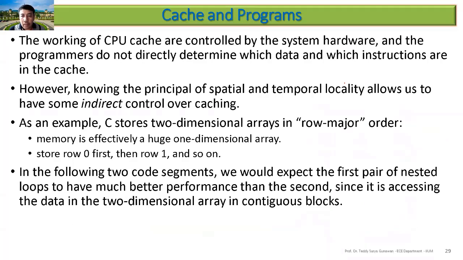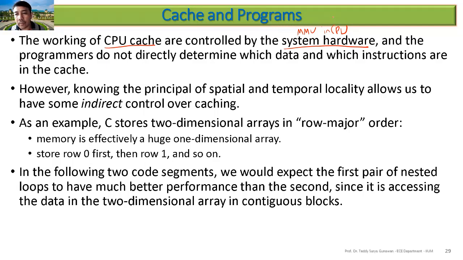The working of the CPU cache is controlled by the system hardware, which is the memory management unit in the CPU. It manages all the things, including the implementation of the replacement algorithm, whether first in first out, least recently used, or clock algorithm, and whether it is fully associative, direct mapping, or n-way associative.